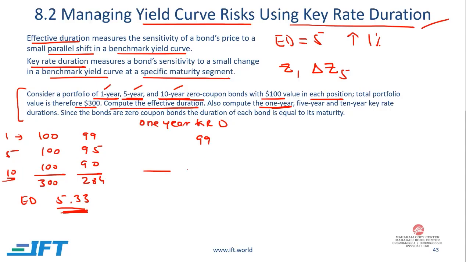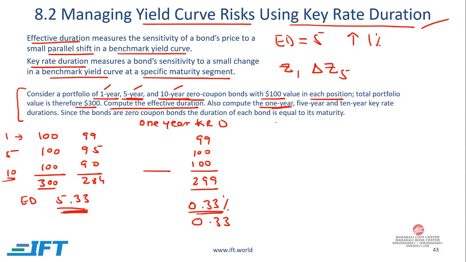The other values will stay the same. So the value of the 5-year bond will stay the same because the 5-year rate is not changing, so that will remain 100. The value of the 10-year bond will be unchanged also. So this means that the value of the portfolio is 299, and the overall portfolio is coming down from 300 to 299, which is a decrease of 0.33%. So now the 1-year key rate duration is 0.33.